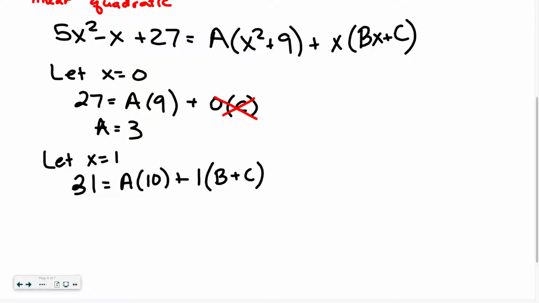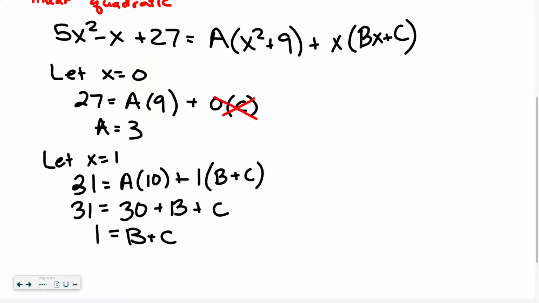And you know that a is 3, so 31 equals 30 plus b plus c, just by substitution, and then distribute my 1. Anything times 1 is itself. And I would move that 30 to the other side. Subtract, it's 1 equals b plus c.